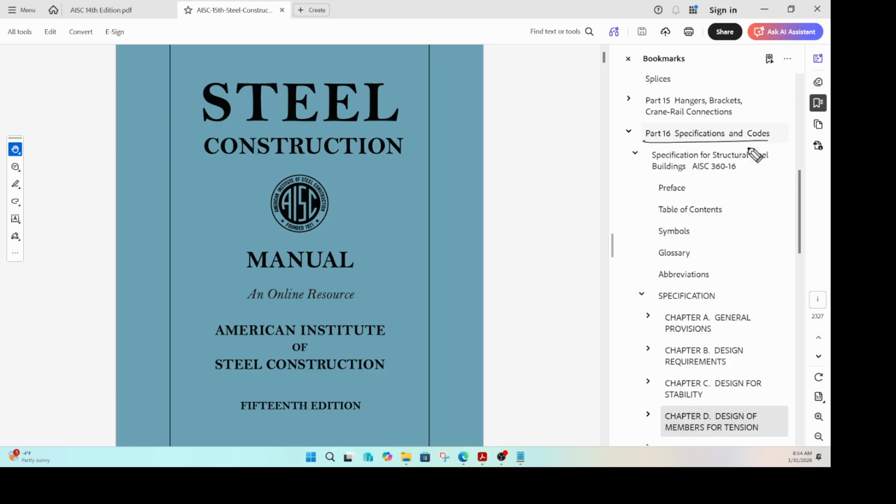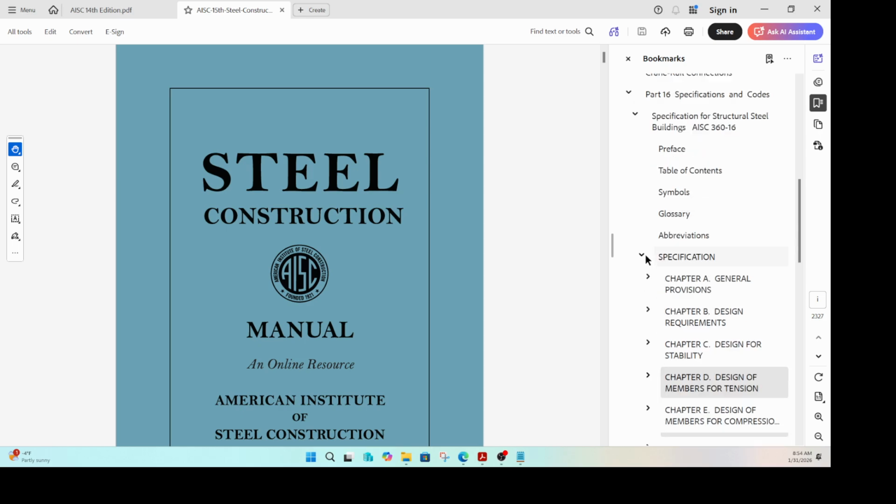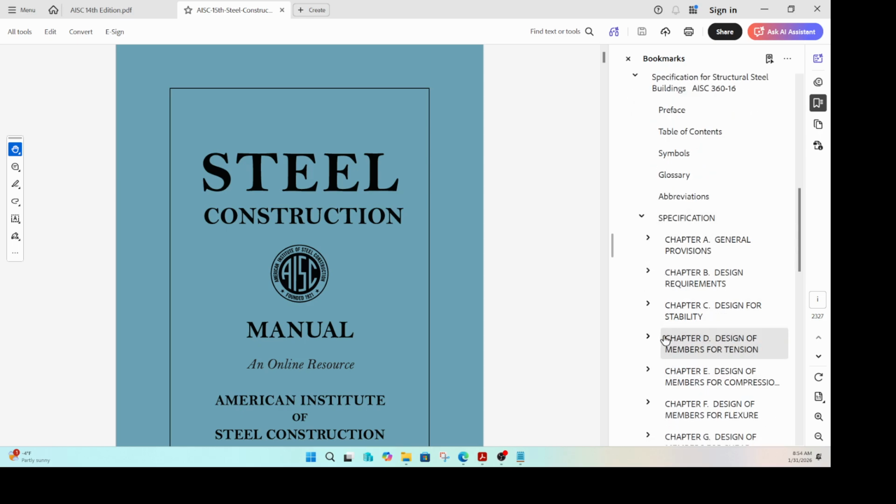Under part 16, if you go to chapter D, that is where all the nice information is provided, right? And there's also a little bit of information in the commentary section of the code. But we will be focusing on part 5, design of tension members, and we'll also go to chapter D.